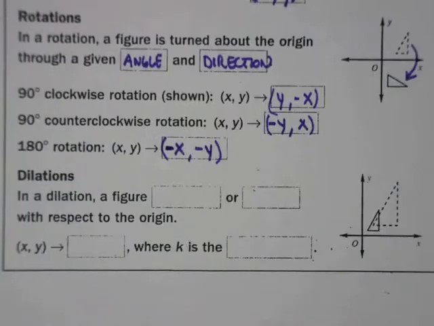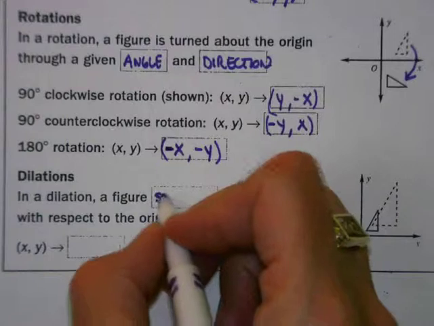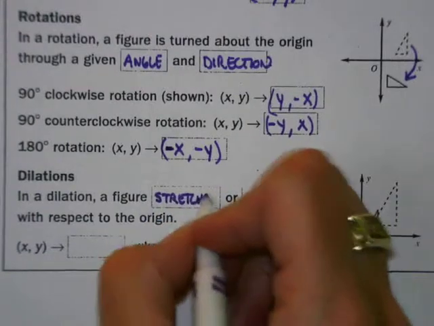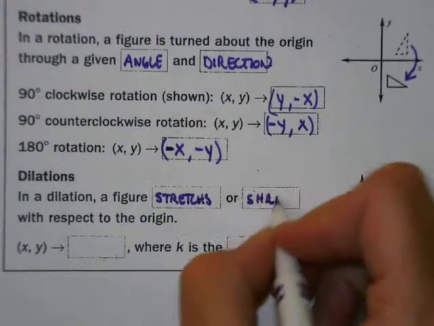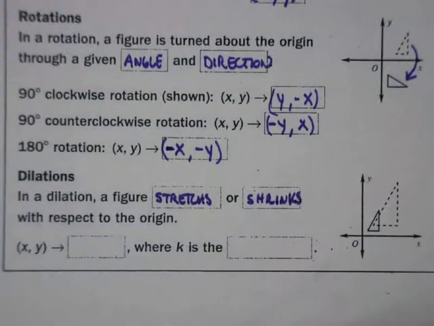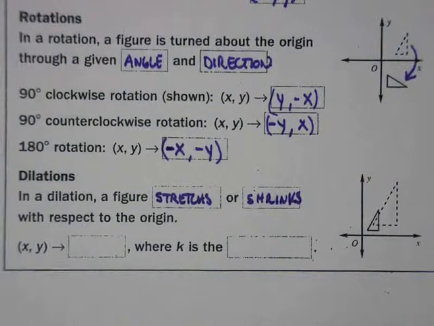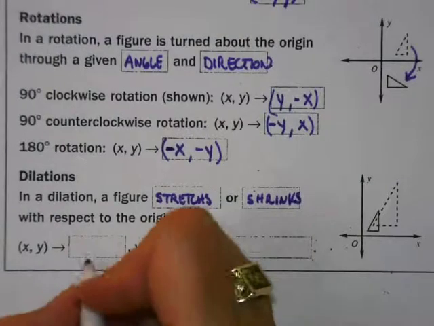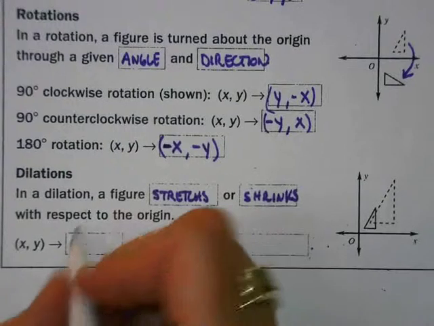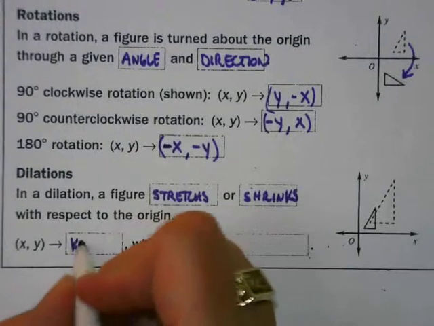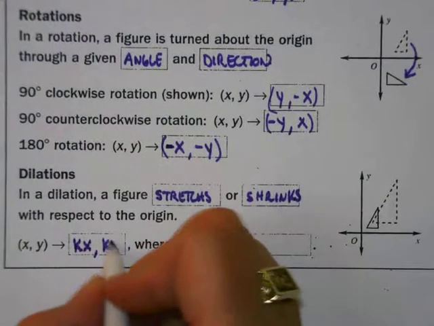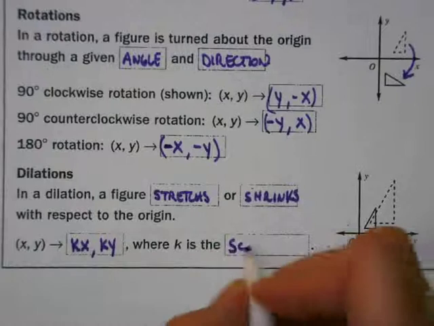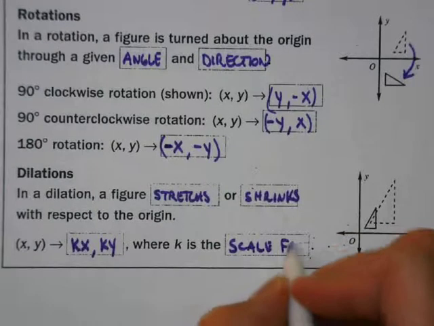Last, we looked at dilations. In dilations, a figure either stretches or shrinks with respect to the origin. And so if a point on that figure started out having coordinates x, y, after it stretches or shrinks, its new coordinates are k times x, k times y, where k is what we call the scale factor.